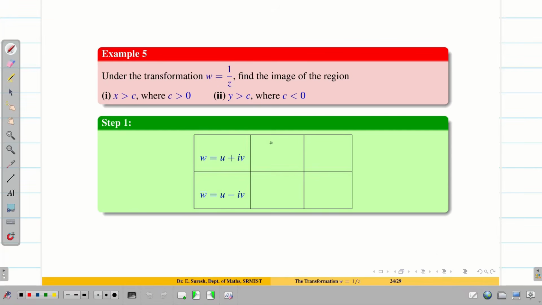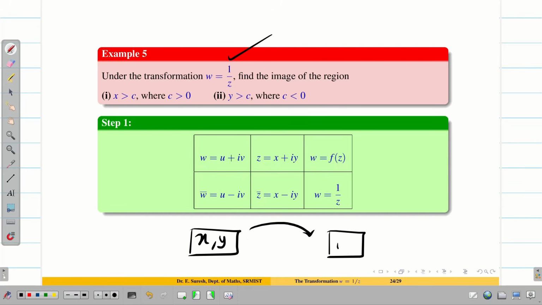So as usual, step 1, fill the known informations w bar, z bar and the given relation w is equal to 1 by z. Step 2, the given data are in terms of x and y, expressed in terms of u comma v.